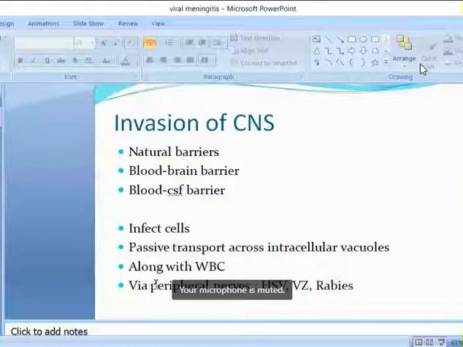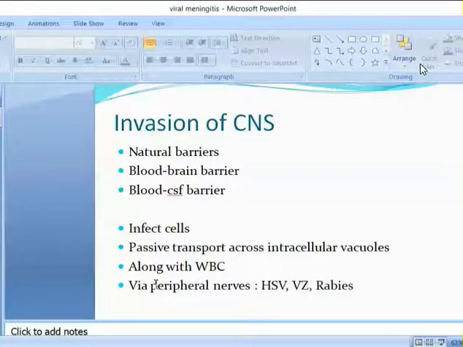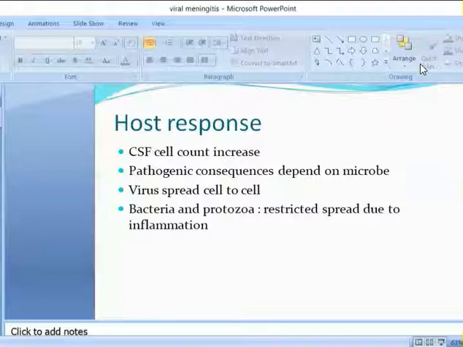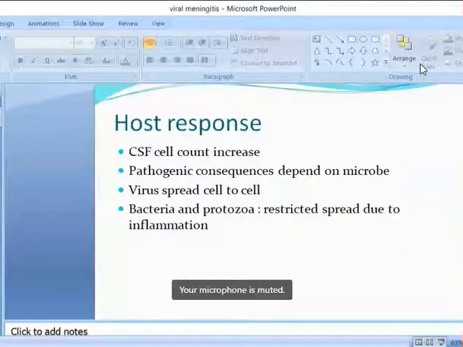What are the host responses? Generally, if there is an infection of the CNS, you will see a raised cell count in the CSF. If you do a CSF analysis, the cytology will show the cells have increased in number. The cells can be different. In case of acute bacterial infection, the predominant cells increased are the neutrophils, whereas in chronic infection you will find mostly lymphocytes.